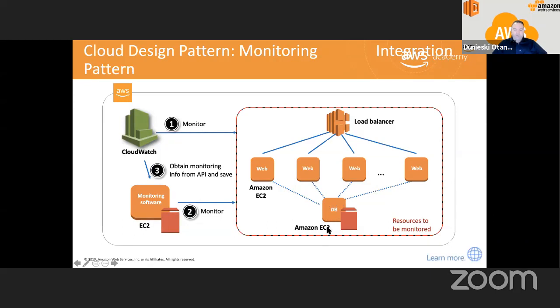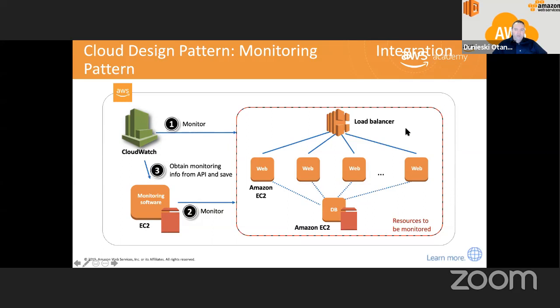But if you create your database on an EC2 instance, it's like having a database installed in your computer. You will have to work on this. You will probably have to do the managing and the patching and all that for that database engine. So this is not completely recommended. It's better to have RDS. This is a managed service, but you have the choice to choose a managed or unmanaged service.